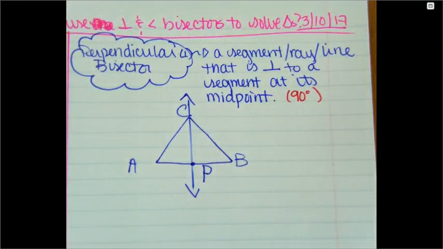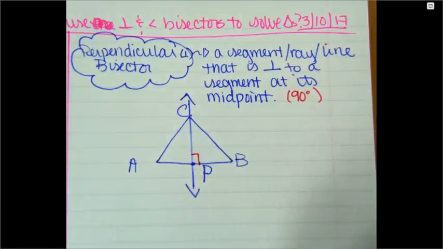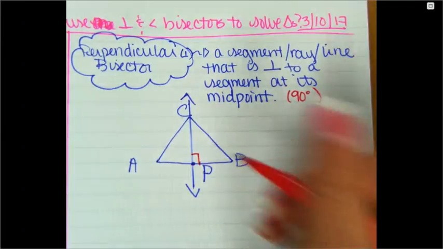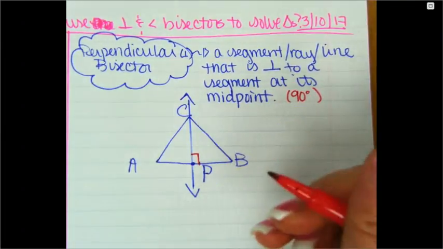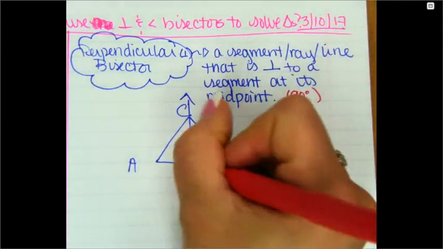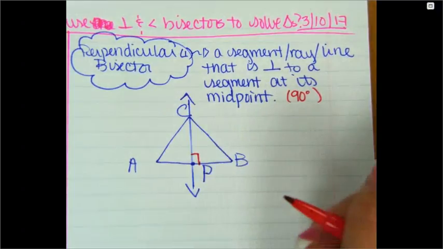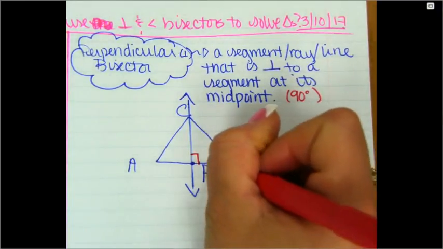That's a P. 90 degrees means it's perpendicular. Bisector means what does it do to segment AB? Cuts it in half. So what do you know about AP and PB? They're the same. What's the word for congruent?